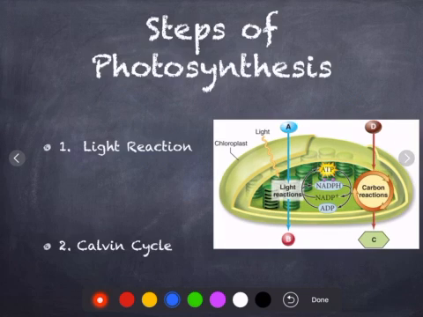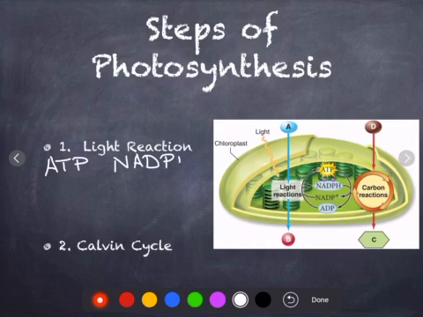Now, these two reactions, let's kind of talk about the overall what happens. In the light reaction, we make ATP and NADPH. And we make that from adding in water, H2O, and what we produce as a byproduct is oxygen, okay?